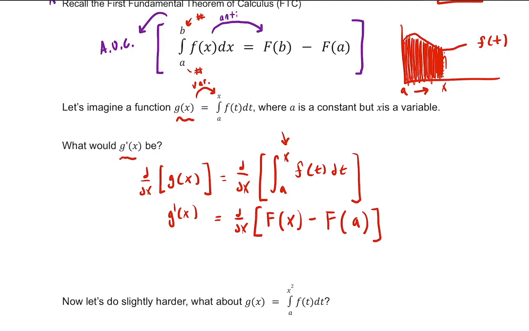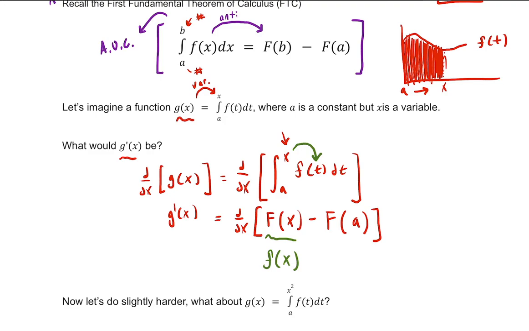What is the derivative of the antiderivative of f of x? Well, that one's easy. The derivative of the antiderivative, now we're back to f. But notice all that happened was I took that t and I replaced it with x. I plug in x. But it's the same thing here, right? Just taking the derivative of the antiderivative brings us back to our starting point.